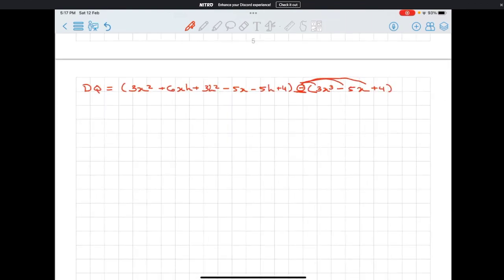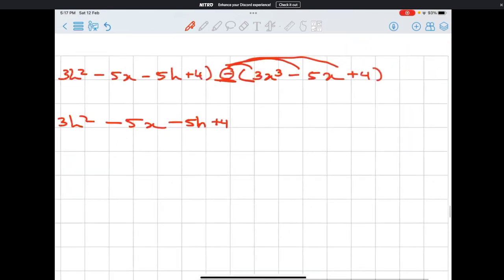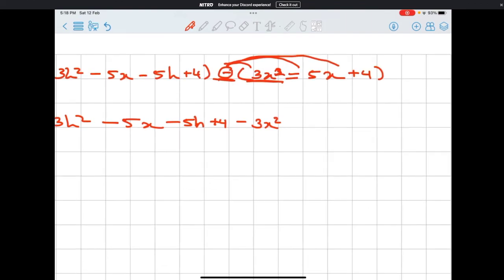So now this is going to be equal to 3x squared plus 6xh plus 3h squared minus 5x minus 5h plus 4. And now we distributed this negative sign, which means this positive 3x squared is going to be negative 3x squared. Negative and negative is going to give us positive 5x.